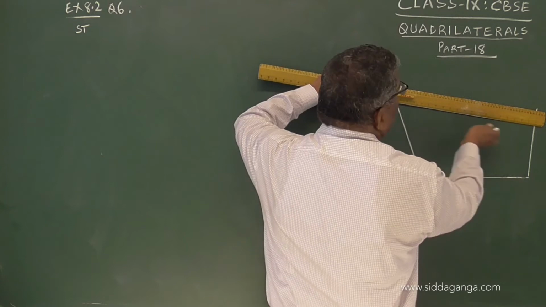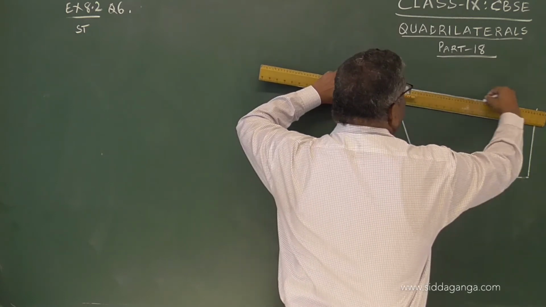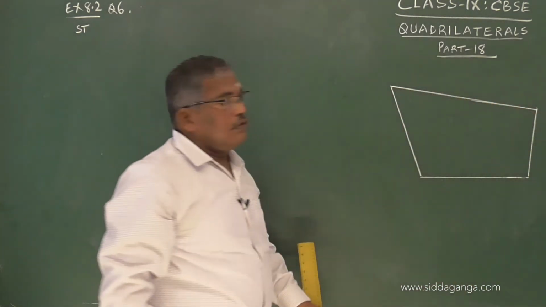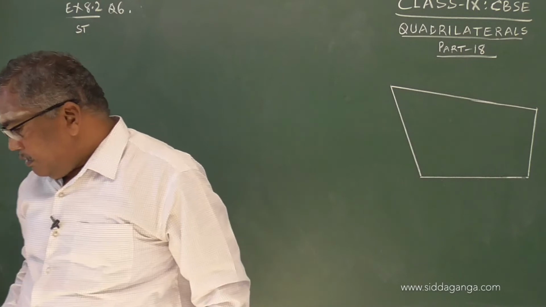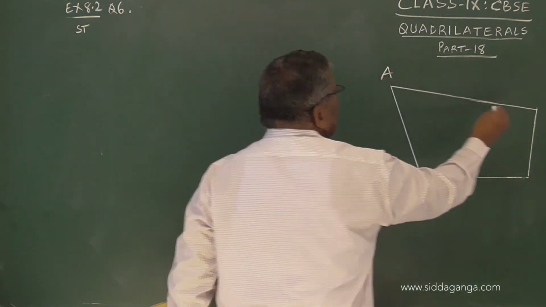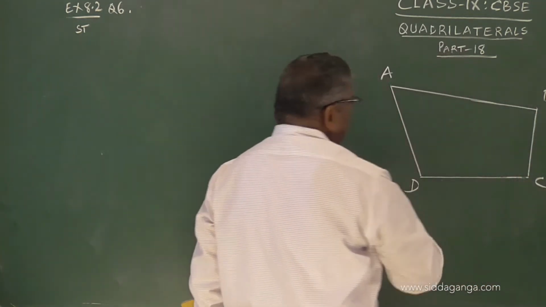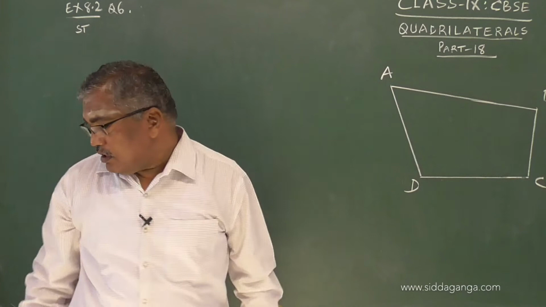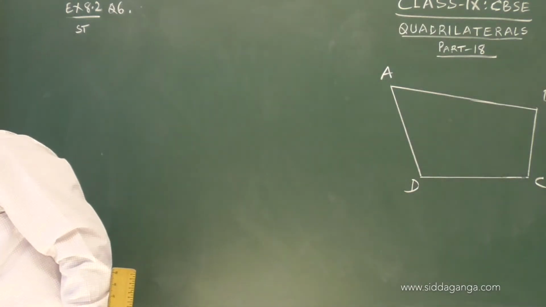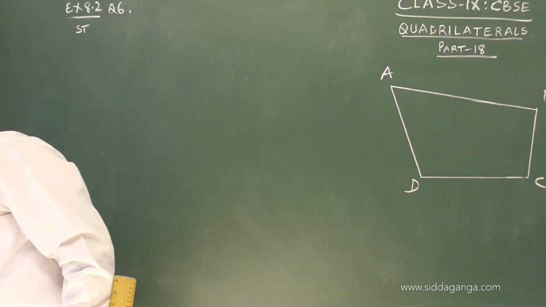This is a quadrilateral ABCD. And next, what does the question say? Show that the line segments joining the midpoints of opposite sides.